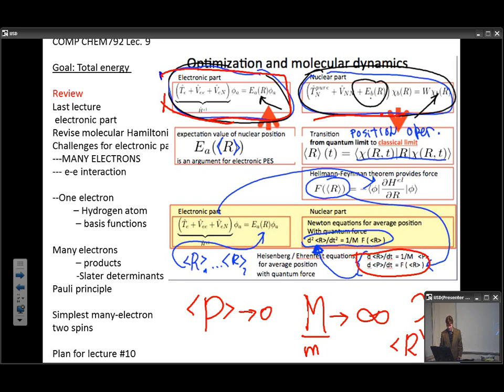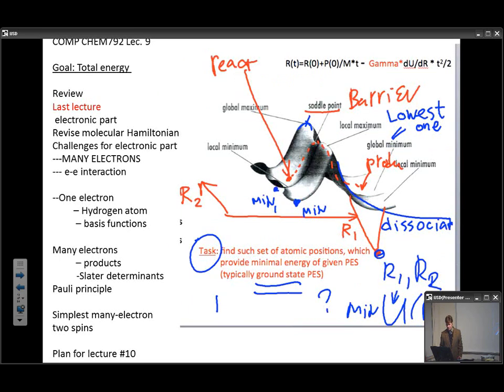Those Newtonian equations of motion allow us to find the optimal geometry by browsing across the potential energy surface: the dependence of the total energy of the system, for a given electronic state, as a function of nuclear configuration, as a function of the positions of atoms. The simplest and typical task that codes do is finding the global minimum, the lowest point on the potential energy surface.